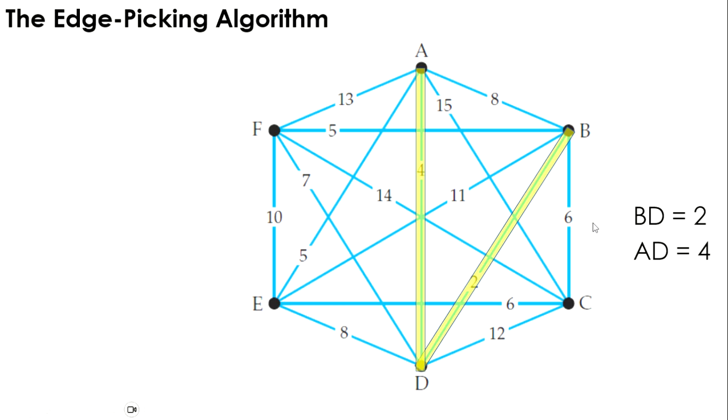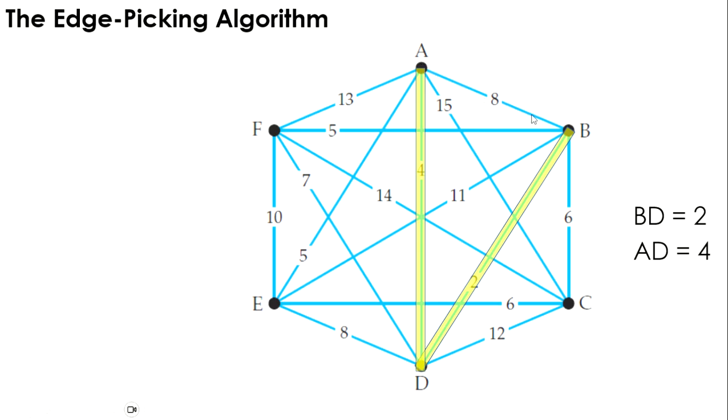And then after 4, we have 5. Okay, it's either edge EA or AE and edge BF or FB. If we're going to pick AE, there will be no problem since A will have 2 connections or 2 edges. That's okay.